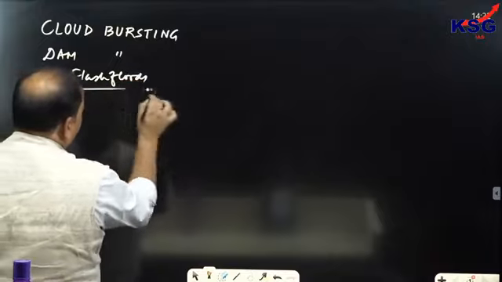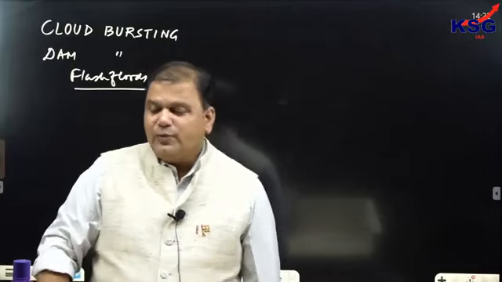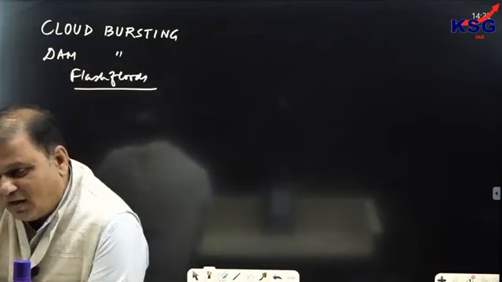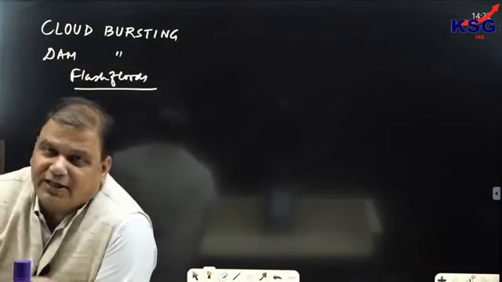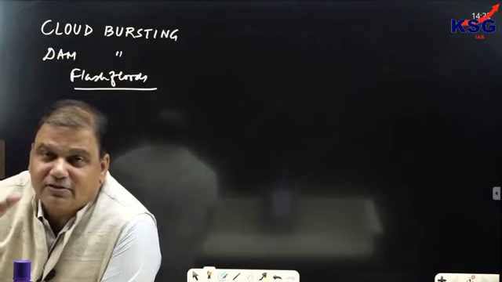And do remember that in flash floods, water gushes out at a very high speed, so it won't be responsible for recharging the underground water table. It gushes out at a very high speed, and this is not fruitful for us.